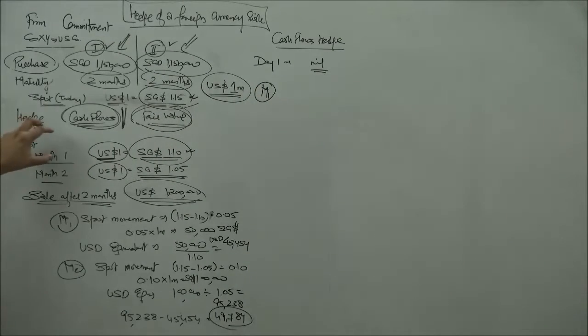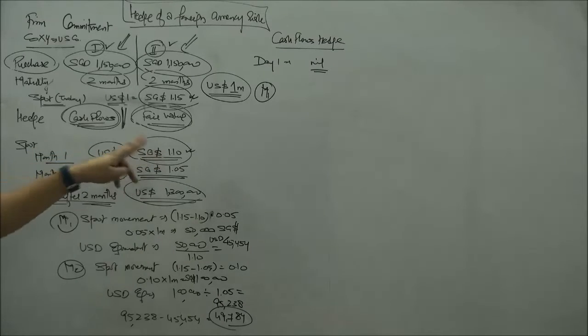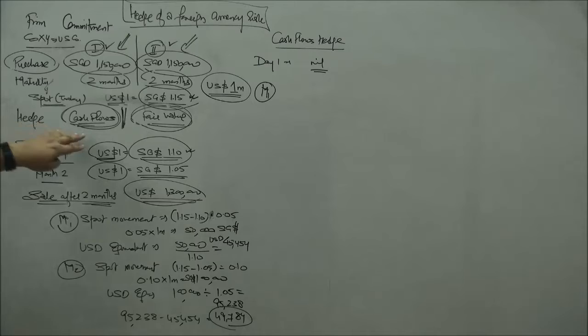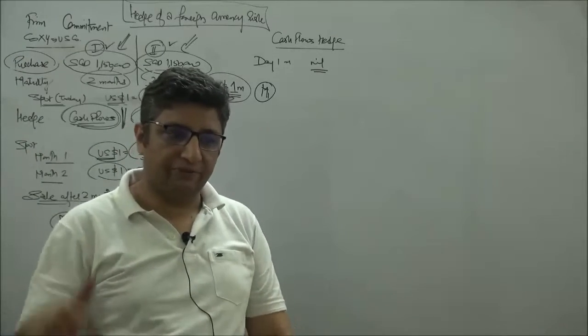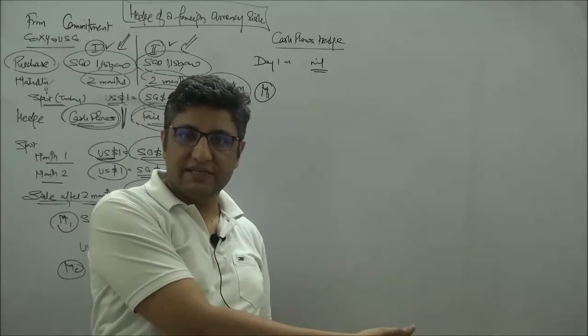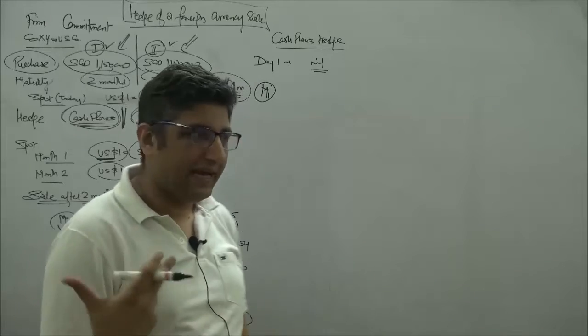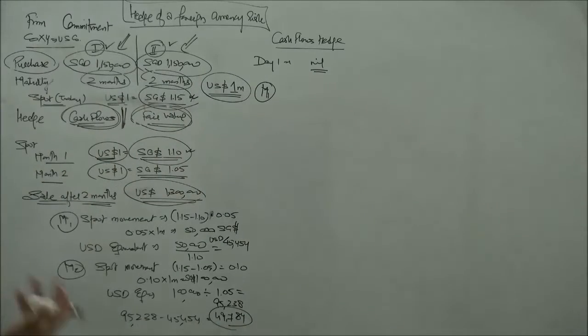Okay, now importantly, I move on to the month 1 accounting, where I see that at this point in time, the US dollar has become weaker against the SG dollar, which means that this particular contract in itself is a positive value, a decline in the value of the currency, and that is what you got a hedge against. The hedging instrument value becomes positive.